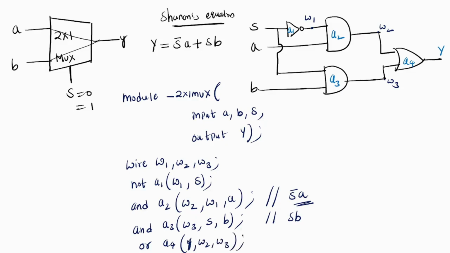So this is my Y equal to S bar A plus S into B. Then end module. Like this you can write the code for 2 cross 1 mux by using gate level modeling. Is it fine? Did you understand? Shall I move forward?